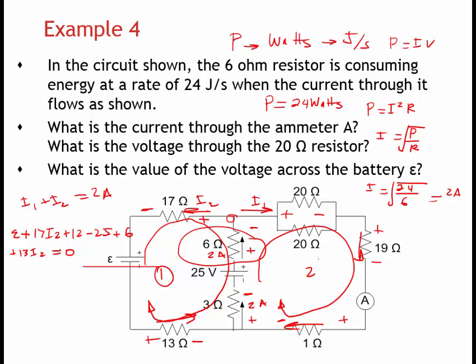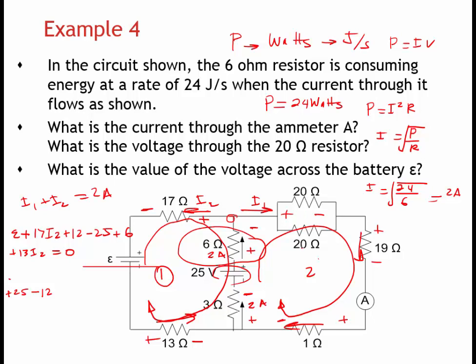So that's one thing. For the other loop, we can do exactly the same thing. Starting here, this will be plus 25, minus 12, and then we have to take the equivalent resistance.